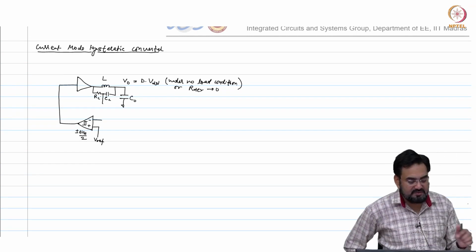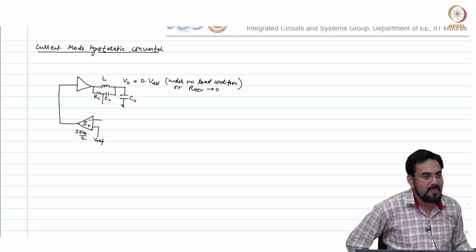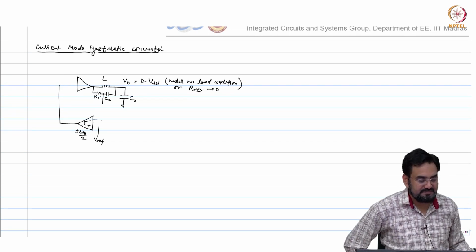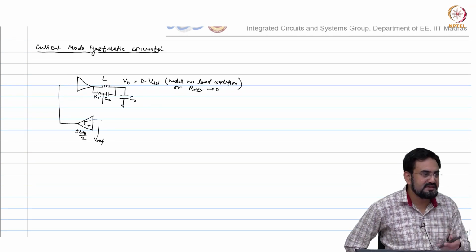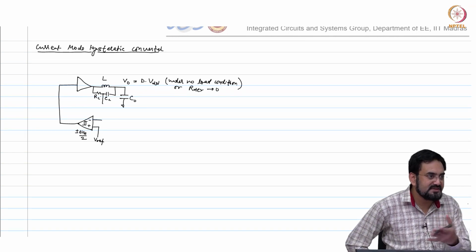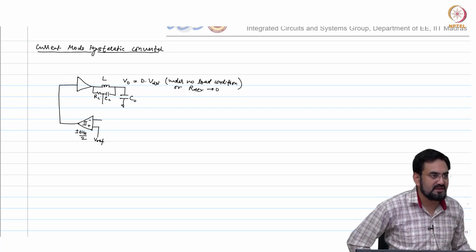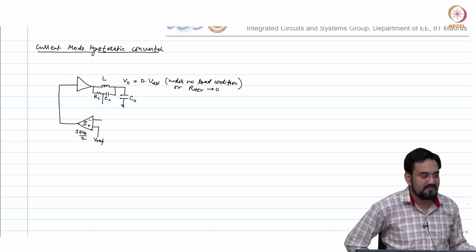What will be the average voltage at this node? The average voltage is the same. Ultimately both are low pass filters. LC is a low pass filter, and this RC, the difference is that LC is second order, this is first order. So, your output should be the same.